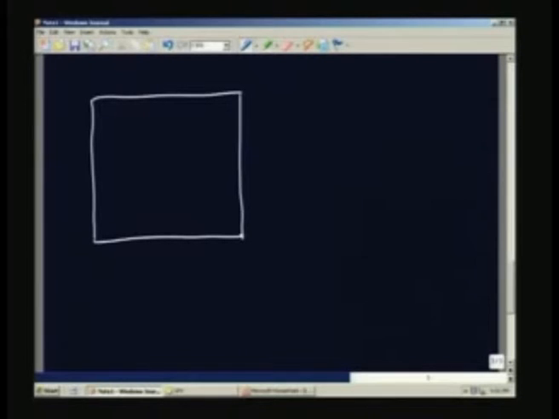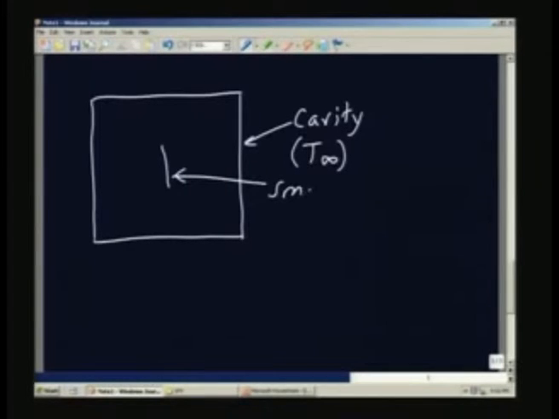So, one way of doing it is, if you take a cavity, which is simply a closed vessel, and if I put an object inside, and let us assume that the temperature is constant, maintained at T infinity, and I put a surface inside, a small sample whose emissivity I want to measure.